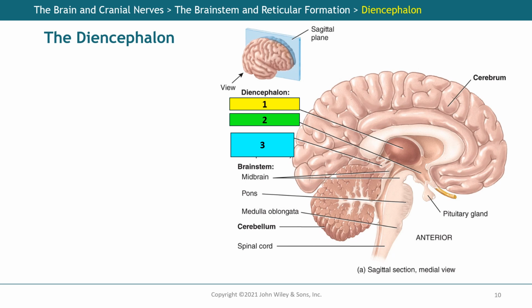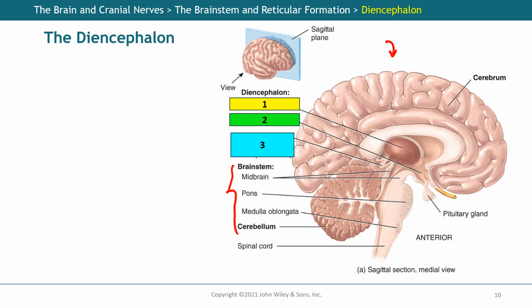Now, if you remember this diagram that we discussed before and all these names, we have talked about most of them. And now we're going to talk, from a general perspective, about these three components of the diencephalon. The diencephalon as a whole contains numerous nuclei that are involved in a wide variety of sensory and motor processing between higher and lower brain centers.